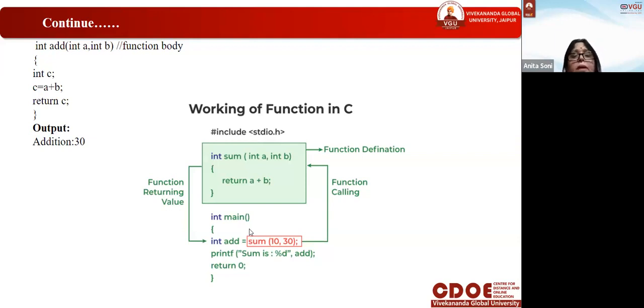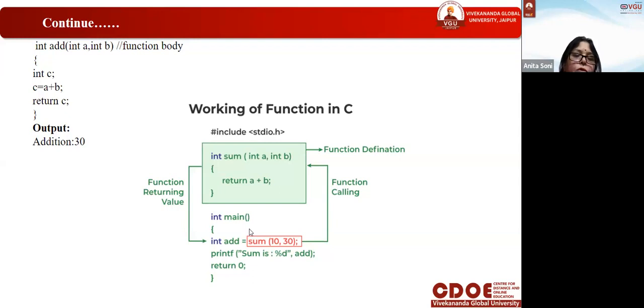Or even if you do not want to hold the result of the function in some variable, you can directly call the function and get the result directly. Like here in the main, you have given a variable add, int add equal to sum 10 30. So the result of return a plus b will be given to the variable add.